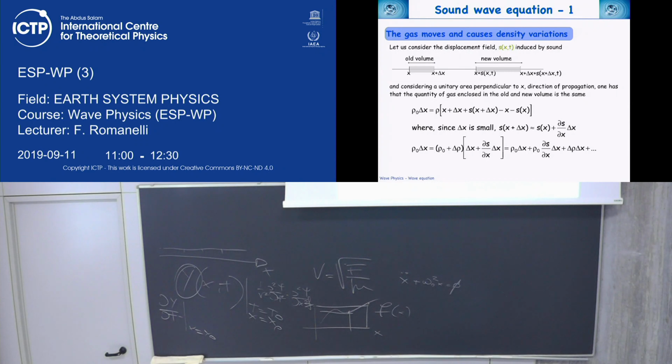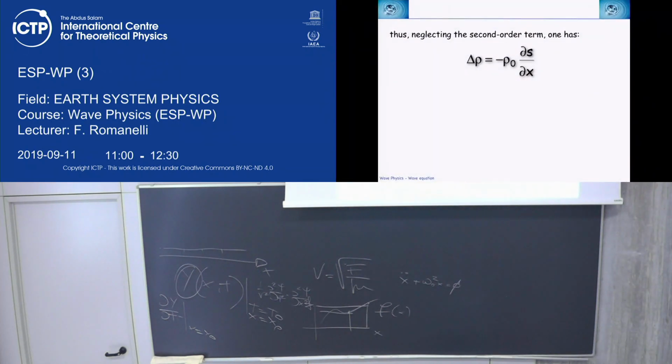The new density will be written like that. If you develop this multiplication here, you will get 4 terms. But some of them are small, are quadratic. Let's wipe them out. Now if you compare this with this, you get something that is very simple and very intuitive, because you're left with this.